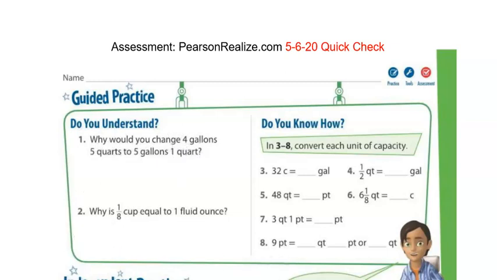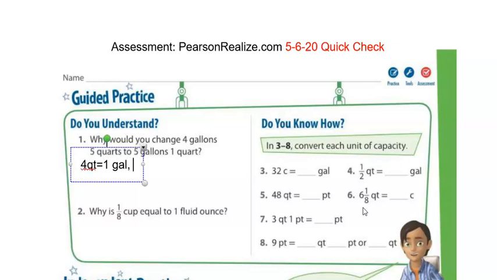On this problem, the main reason we want to convert is that 4 quarts, I'm going to say 4 QT, which means quarts, is the same as 1 gallon. If it's the same, we can take those quarts and turn them into 1 gallon.